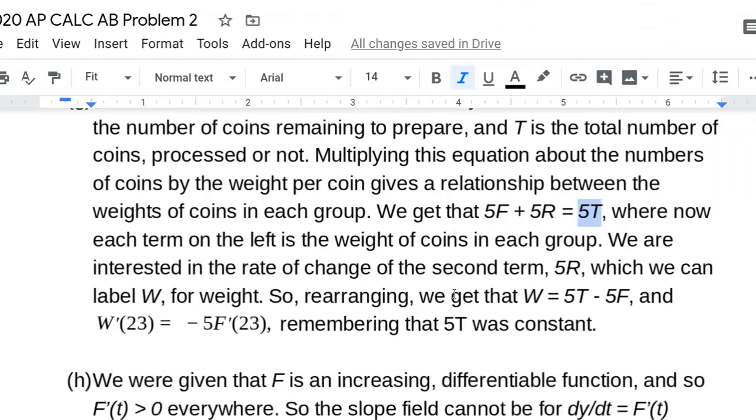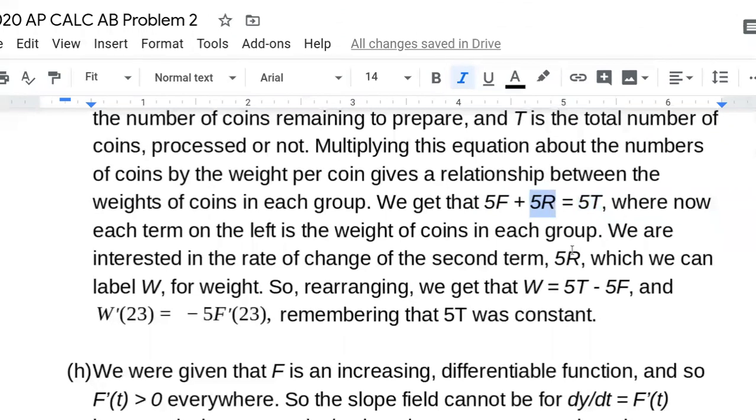This is the weight of the coins remaining. We can label that W here for weight. Rearranging this for this term, we get W is 5t minus 5f, and W prime at 23 would be -5 F prime at 23. Here 5 is constant, so that was the total number of coins.